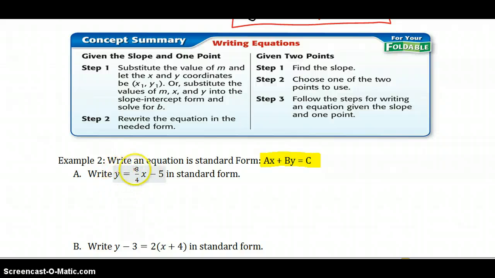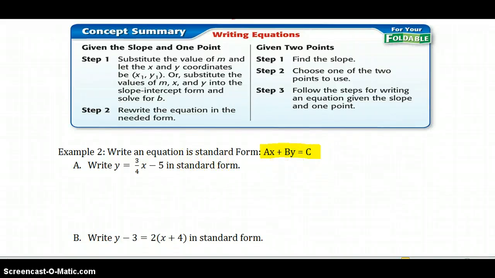Okay, it says here to write this equation in standard form. And the equation that they've given me here is in slope-intercept form. So I'm going to take y equals 3/4 x minus 5 and try to make it look like this. So the first thing I'm going to do is get rid of the fraction because I have the power to undo fractions.